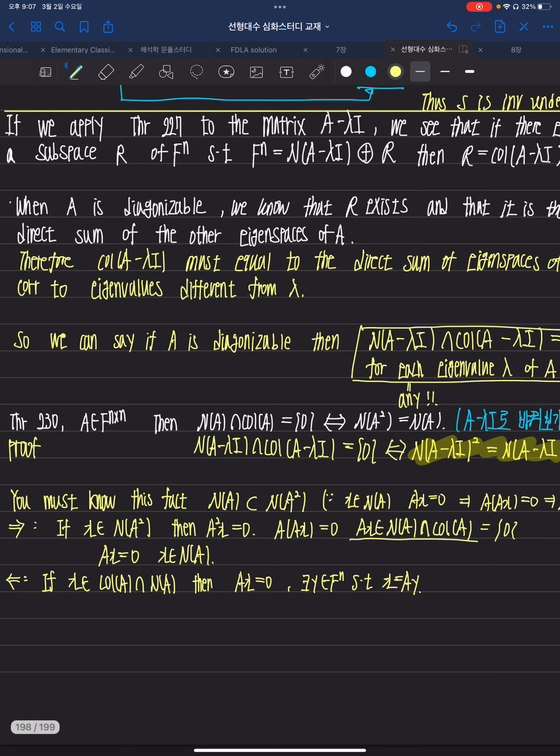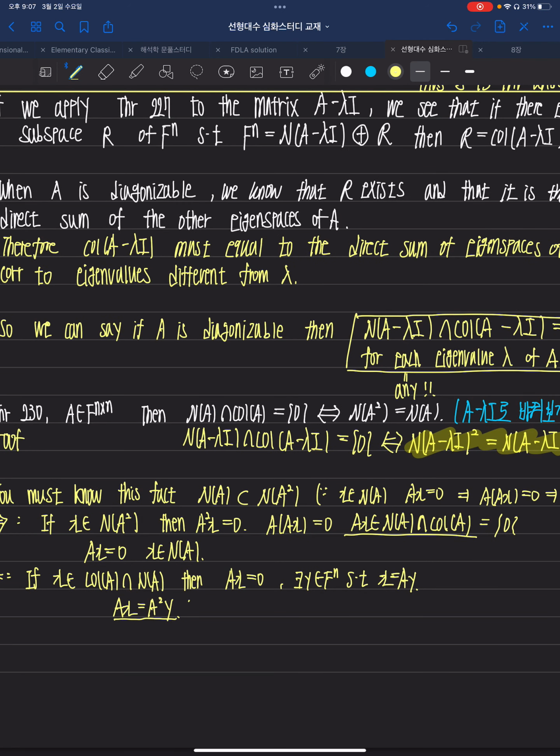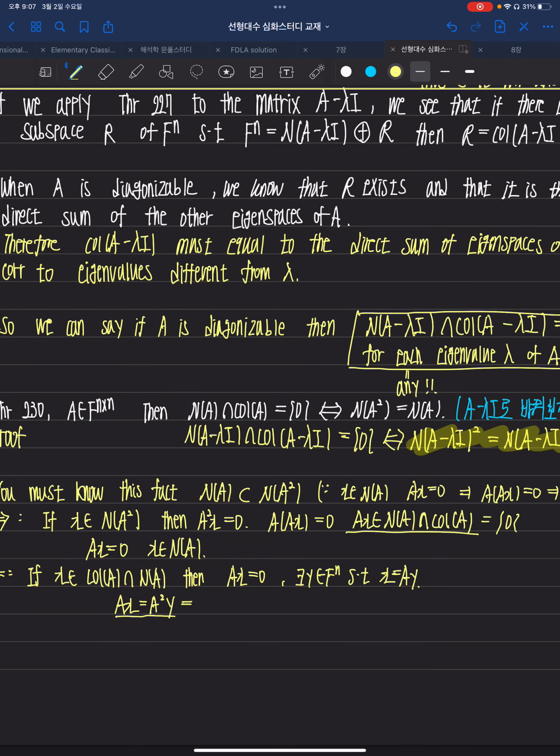So AX is A squared Y, which is 0 because AX is 0.